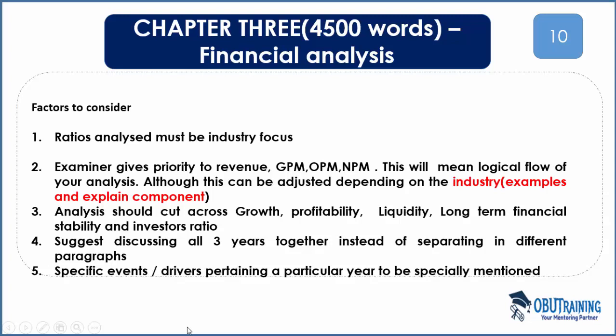They want to see a logical flow, but you should have some ratio for liquidity, like current ratio, working capital management ratio. You should have a ratio for long-term financial stability, like gearing and interest cover. You should have at least a ratio for investors ratio, like earnings per share. So a wider covering of ratio is very important. There are some failure reports that we've received based on that.